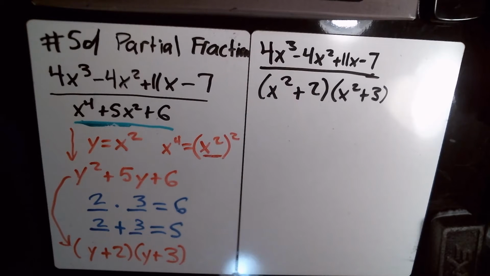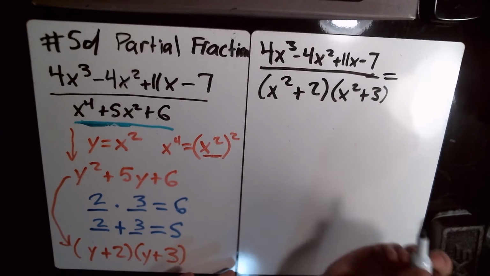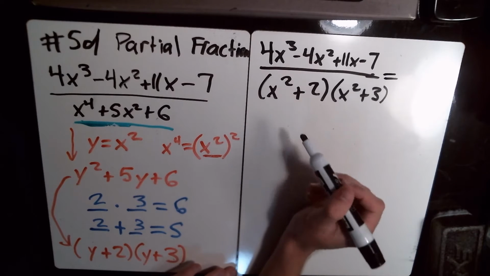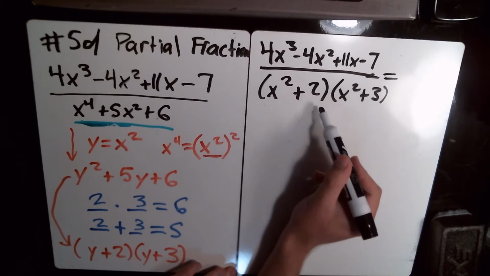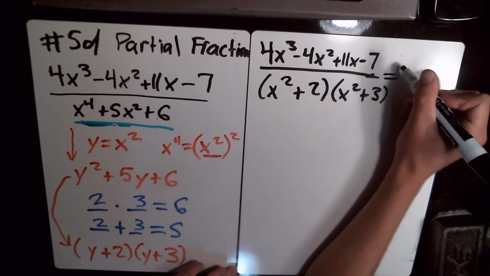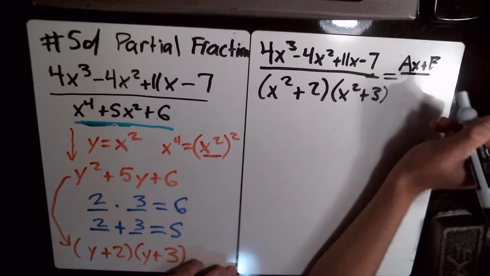Okay, so what does my partial fraction decomposition look like for this rational function? Well, I look at the factors on the bottom. So x squared plus 2 is the first factor. That's a quadratic and it doesn't factor, so we have to put a linear thing on top of it.